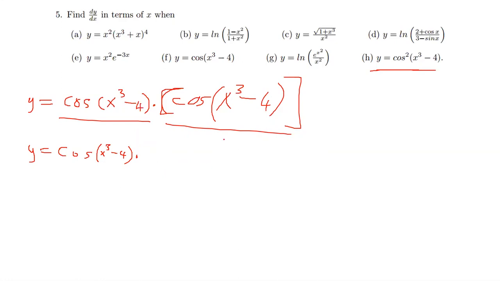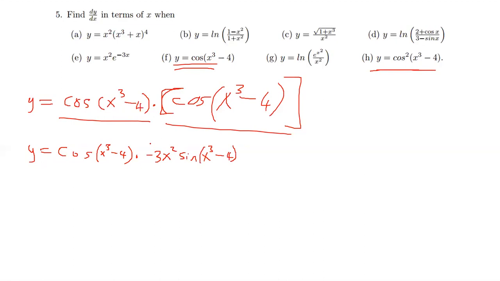The derivative of your v there, we found this to be negative 3x squared. Even if you don't remember, you just differentiate what is in the brackets, then multiply it with the derivative of cos, so sine(x cubed minus 4).